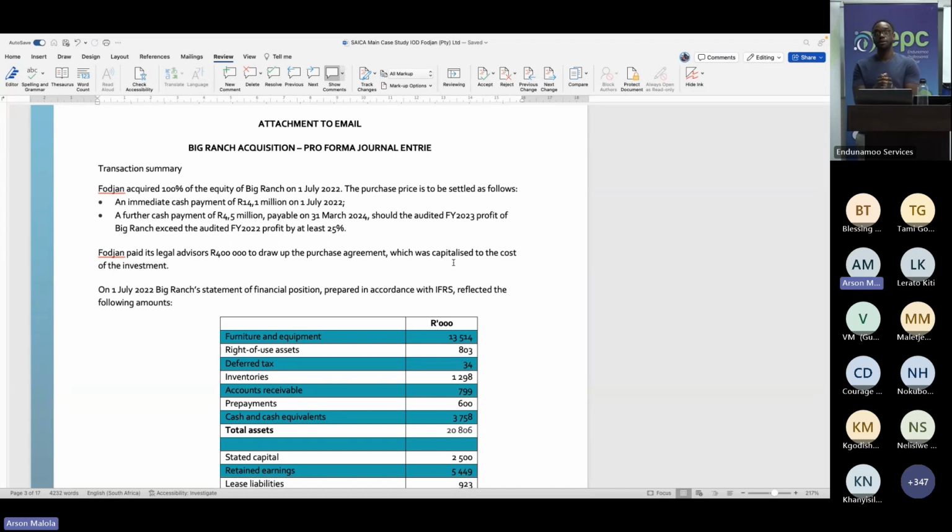If they don't give it to us, it's a review task, we are going to raise it to say we need this, even if it's a drafting task, we need this information to conclude our objective. I cannot give you a pro forma entry without X, Y, Z information, okay? And you articulate why you need that information. That's typically also some indicators, but we'll see how that will play out.